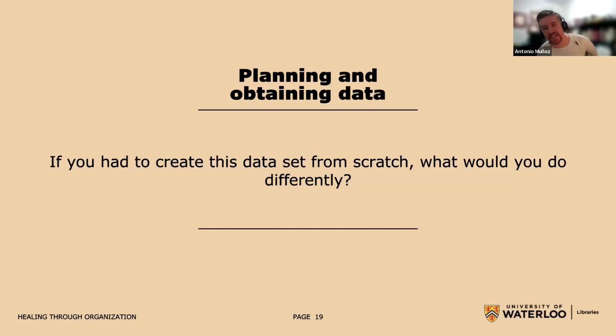This is mostly thinking about that connection between planning, evaluating, and cleaning data, and how all of those things are interrelated. Now that you know other things about how the data is messy, what would you do differently from the get-go, before you get to the stage where you have to clean up the data?